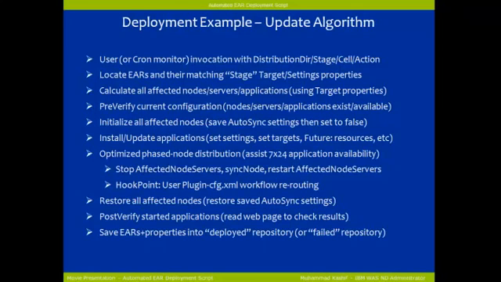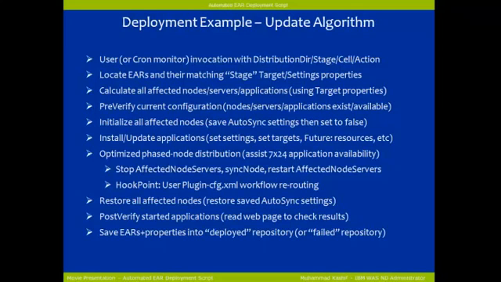Pre-verify current configuration: it checks whether nodes, servers, and the application exist or are available. Initialize all affected nodes: save the auto sync setting, then set it to false. Then the script installs or updates the application, sets settings, sets targets, future resources, etc.